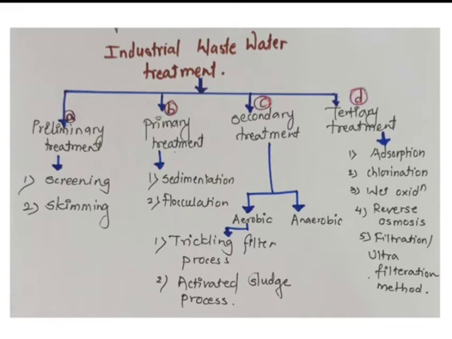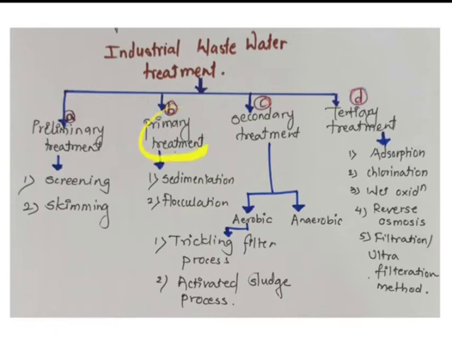Industrial wastewater treatment has 4 subtypes. The first is the preliminary treatment, the second is the primary treatment, the third is the secondary treatment, and the last one is the tertiary treatment. Preliminary treatment includes screening of water and skimming.